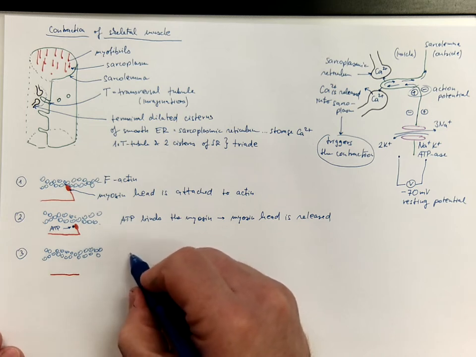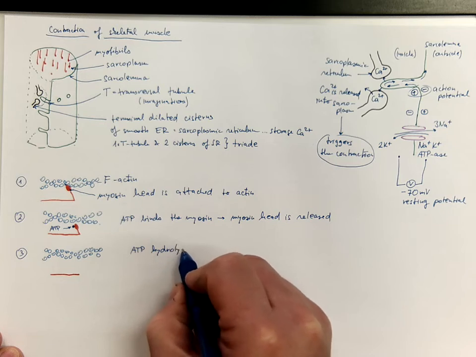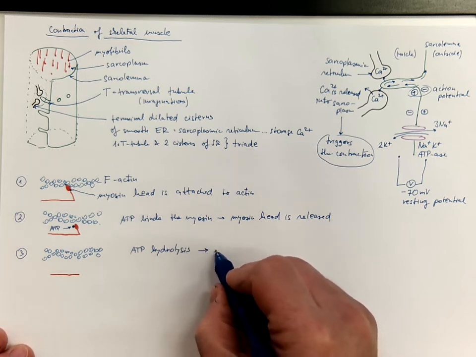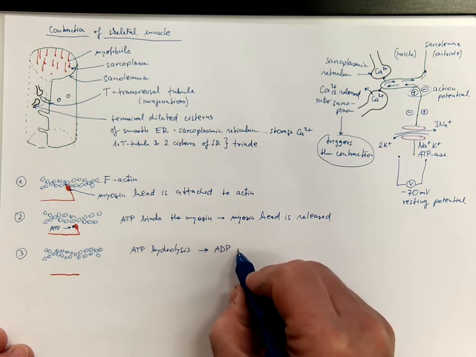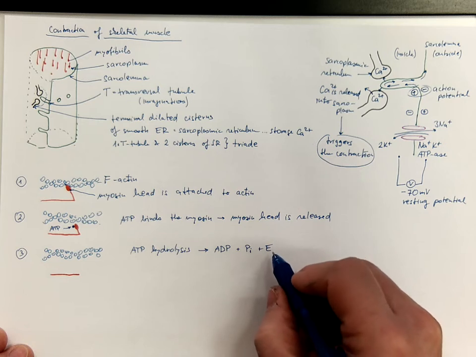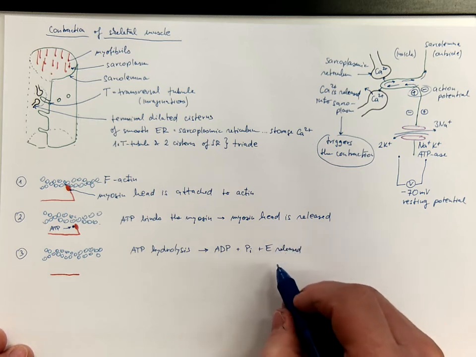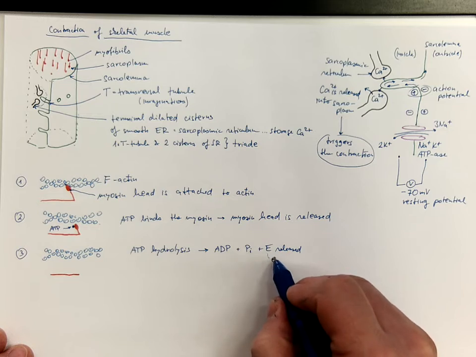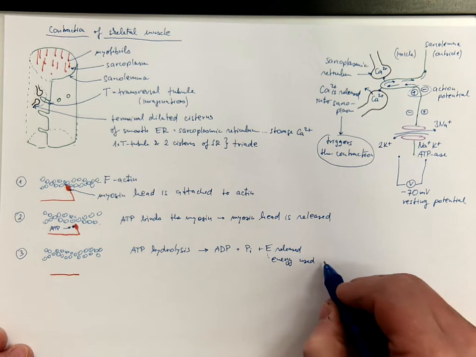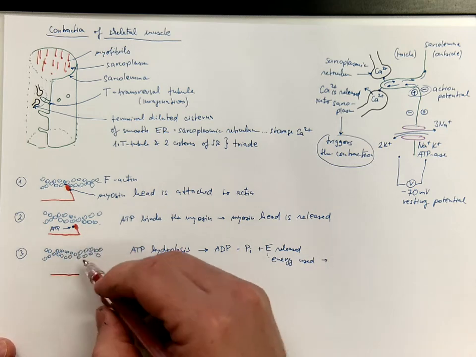So ATP hydrolysis provides ADP plus the phosphate plus energy that is released. And this energy is used for a change of this angle.